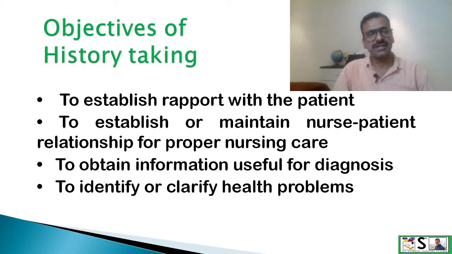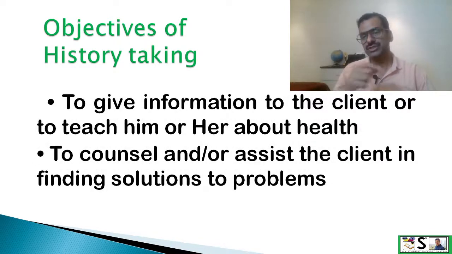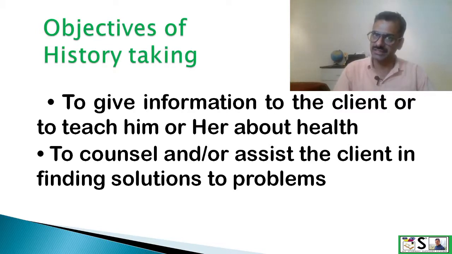To establish and maintain nurse-patient relationship for proper nursing care, and to obtain information which will be useful for diagnosis, and to identify or clarify health problems, to give information to the client or to teach him or her about health, and to counsel or assist the client in finding solution of the problem. So with all these objectives, we go for history taking.